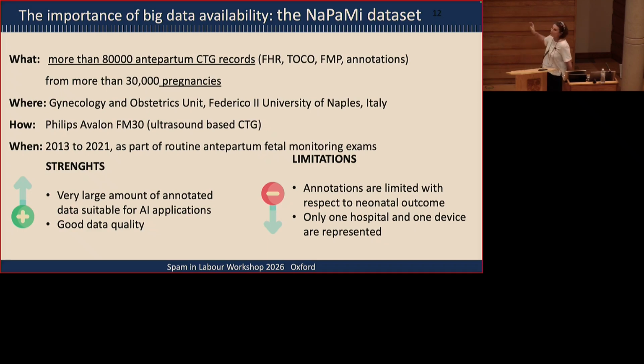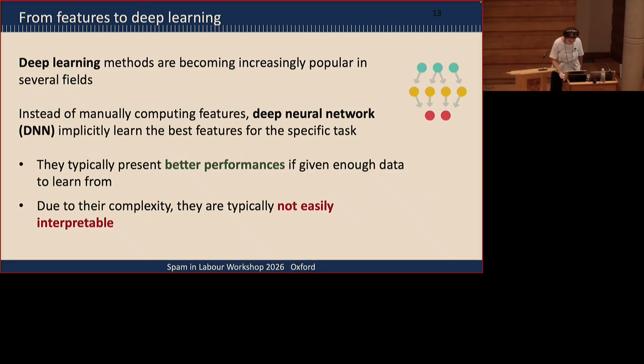Our work is in progress through natural language processing methods in order to extract more information from notes. It's still in progress, but we have only one hospital and one device. It's not a multi-center collection, of course.